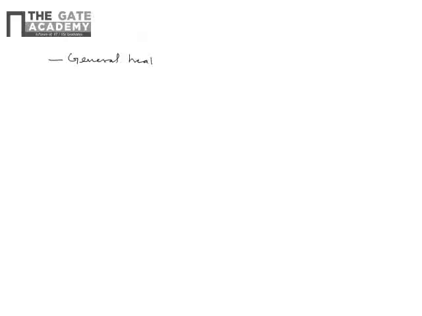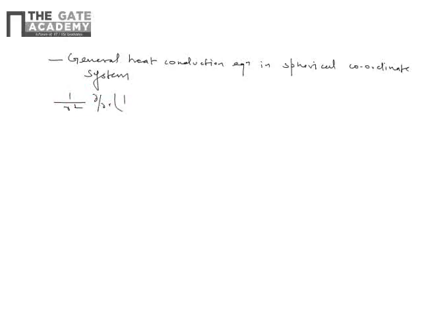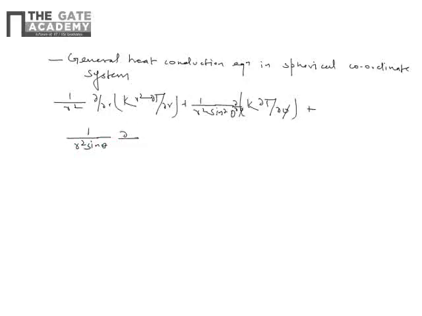General heat conduction equation in a spherical coordinate system is given as 1 by r square del upon del r k r square del T upon del r plus 1 by r square sin square theta k del T upon del phi plus 1 by r square sin theta del upon del theta k sin theta del T upon del theta plus E dot gen is equal to rho c del T upon del t.